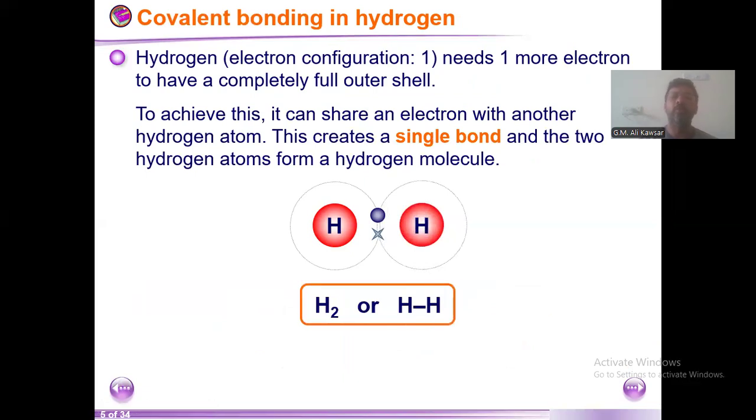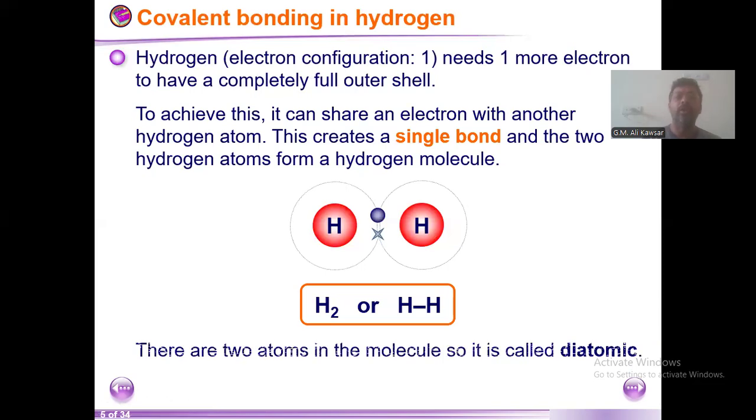So this type of bond which forms between two hydrogen atoms is a single bond. We will see that besides single bonds, double bonds and triple bonds are also possible. The purpose is to have a full outermost shell of electrons. Let me give more examples of this type.